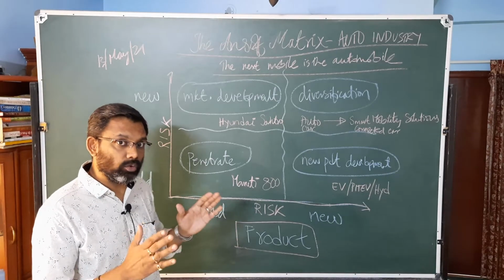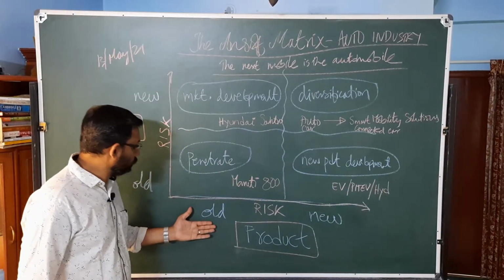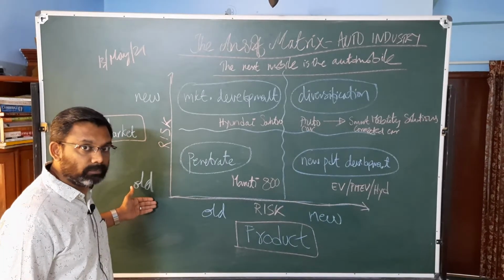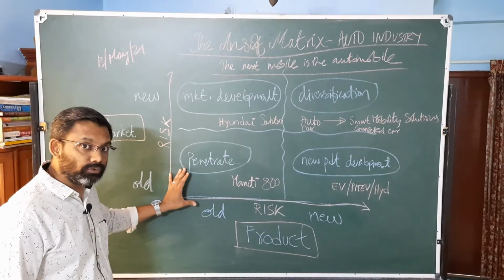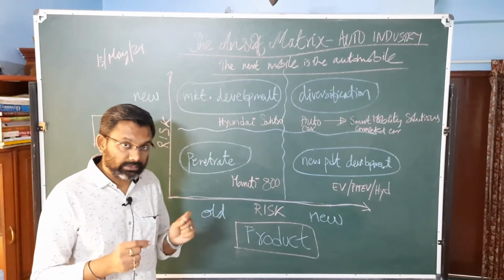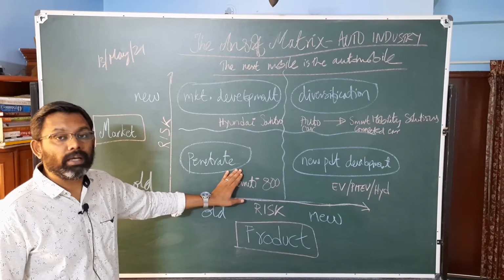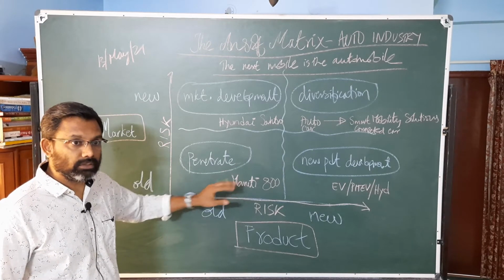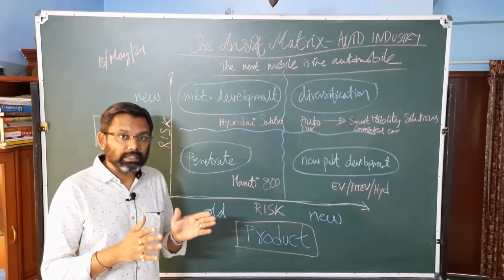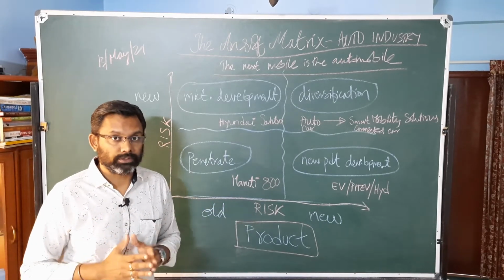So today, as we see, what is the scenario with the automotive market? So you can see here, for all products and all markets, for the market segment of small cars, for example Maruti 800, the strategy is to penetrate. That means in order to grow existing products in an existing market, India is a very large market for small cars.